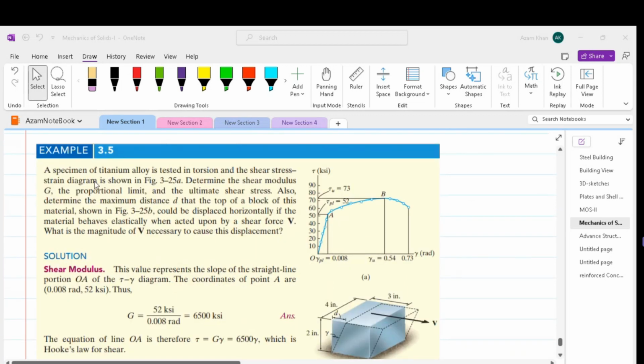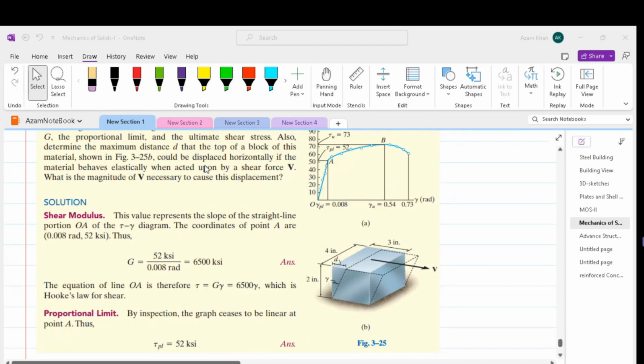So we have a specimen of titanium alloy tested in torsion, and the shear stress-strain diagram is shown. Determine the shear modulus G, the proportional limit and the ultimate shear stress. Also determine the maximum distance D that the top of a block of this material, shown in the figure, could be displaced horizontally if the material behaves elastically when acted upon by a shear force V. What is the magnitude of V necessary to cause this displacement?